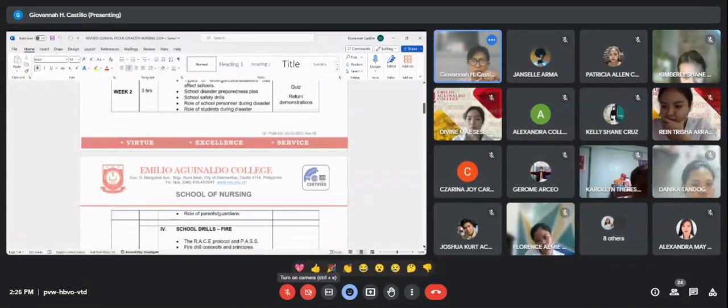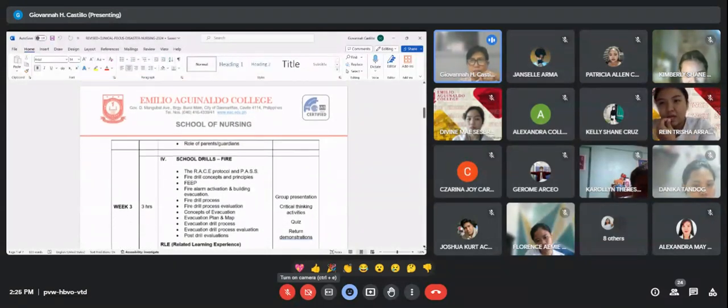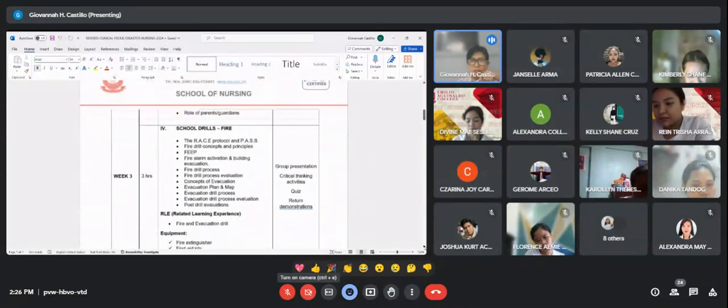And then you have also the school drills related to fire, the RACE and the PASS protocol. Are you familiar with the RACE and PASS protocol? Itong PASS, this is related to yung the use of fire extinguisher, di ba nakikita yun ang mga dyan, mga naka-built-in na fire extinguisher dito sa school.